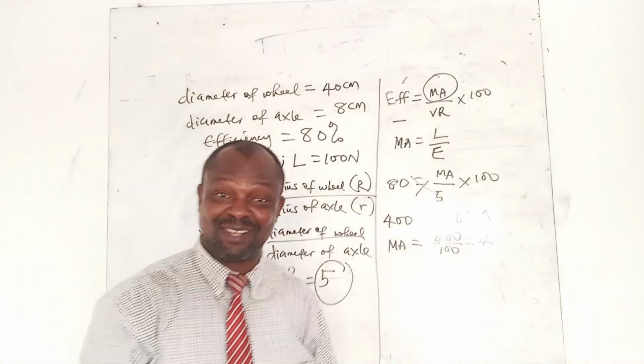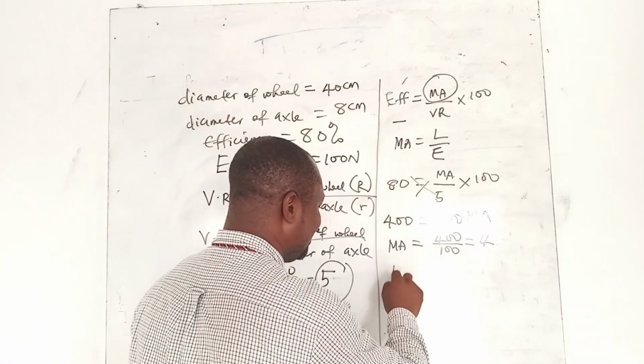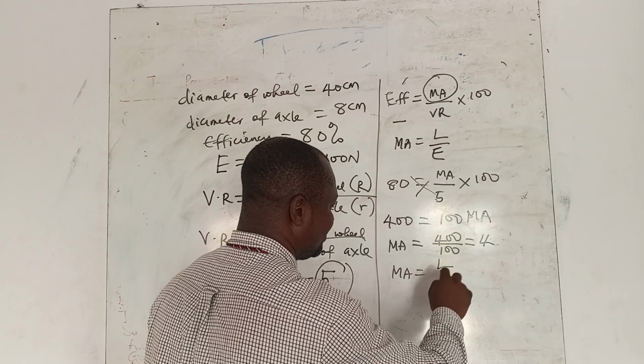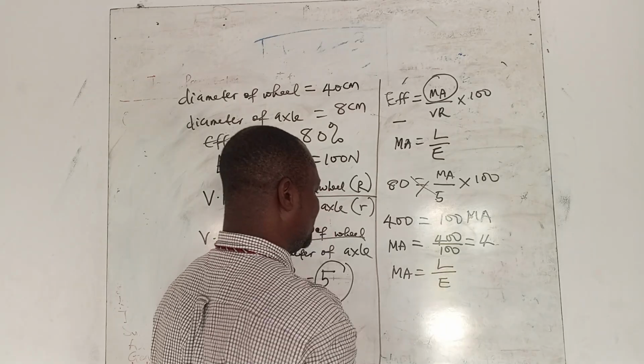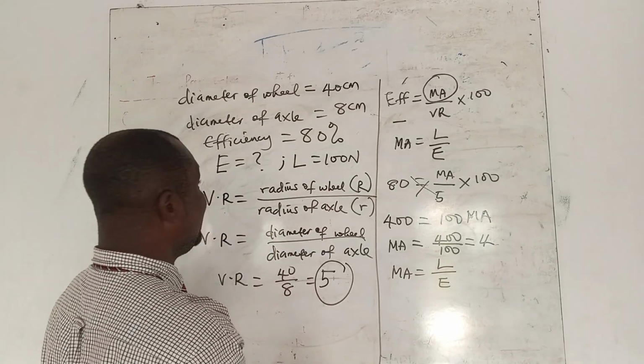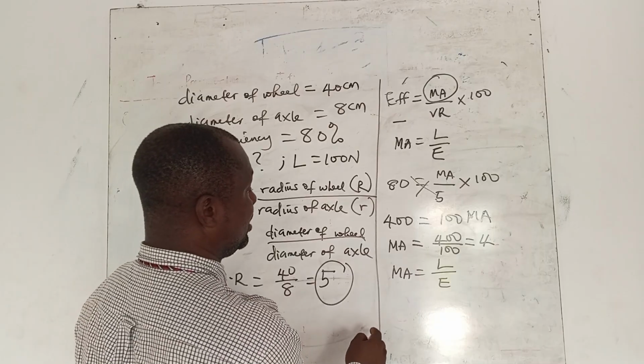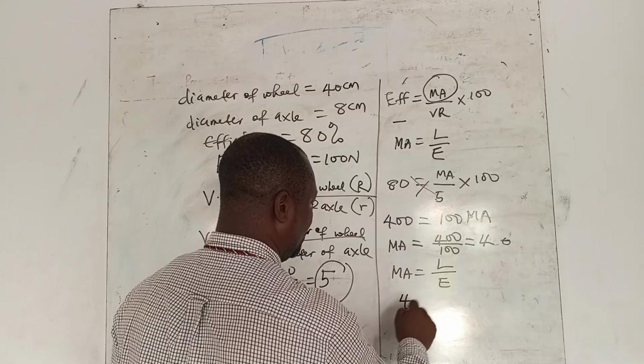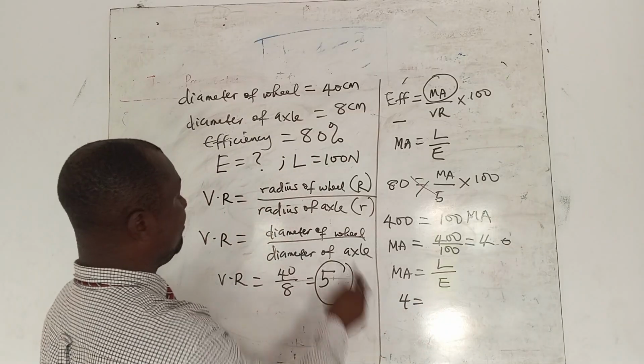Remember, mechanical advantage is load over effort. So we say mechanical advantage is load divided by effort. What does this mean? It means our mechanical advantage, which is 4, is equal to, do we have any load?